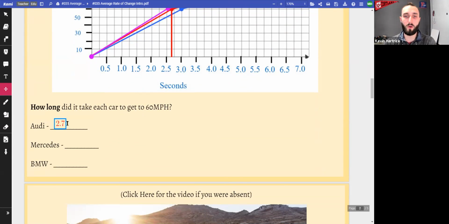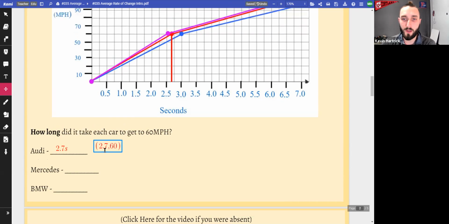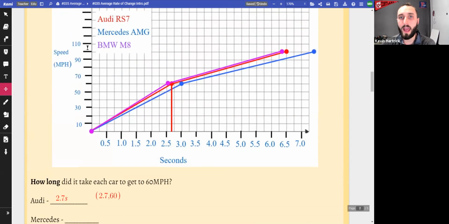So it took 2.7 seconds to get to 60 miles per hour. So this point on the graph was 2.7, 60. And this is important because we're going to use this point to determine what the average rate of change is between 60 miles per hour and 100, because that's really what we want to know.